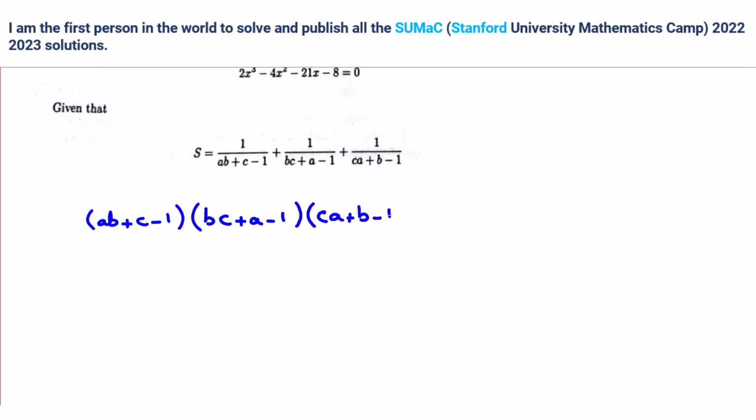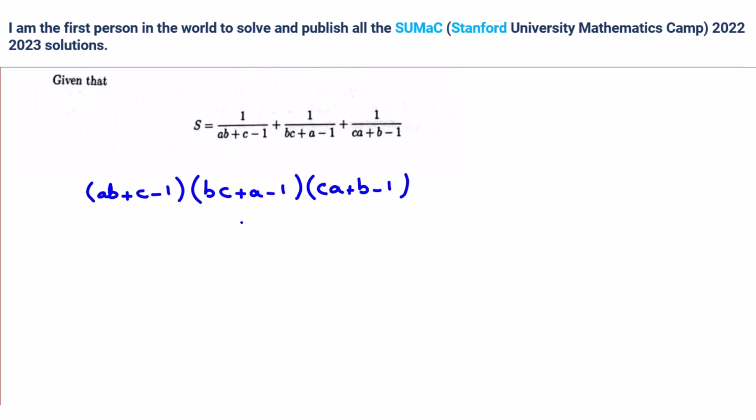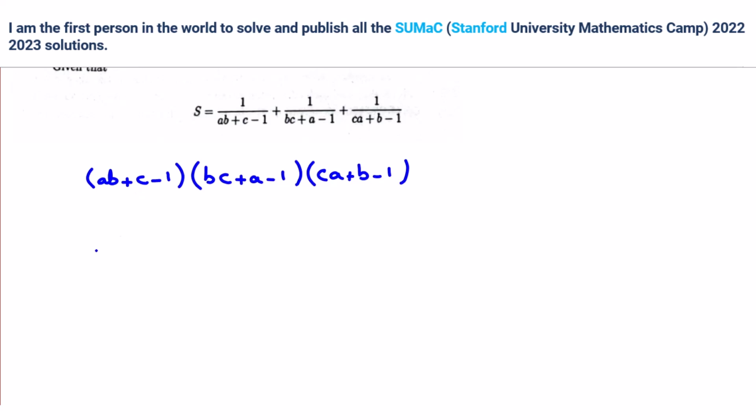We have 27 terms, because 3 times 3 times 3, right? So one term is A squared, B squared, C squared, if you select like this, right? And one term, first one, we can also say negative 1, right? Then we can also say negative 1, B, right?